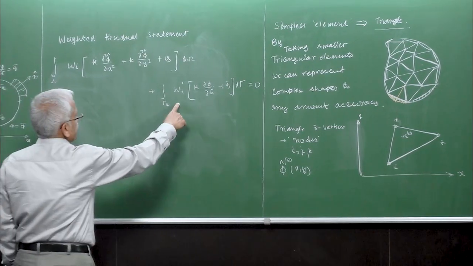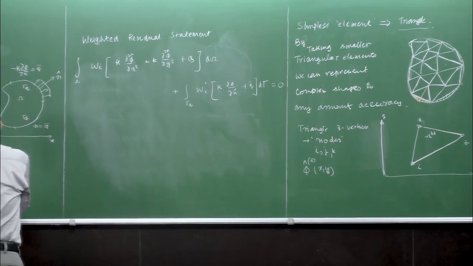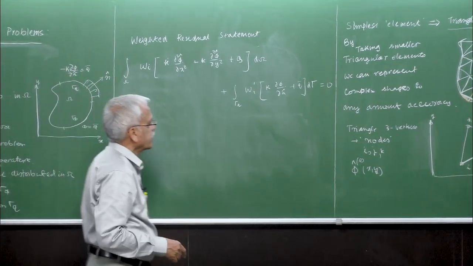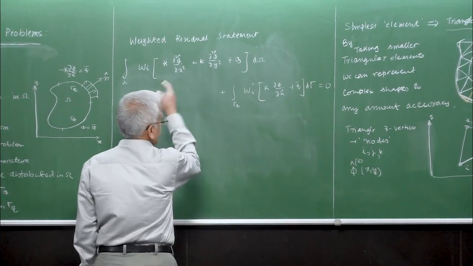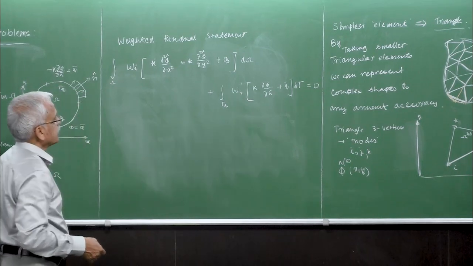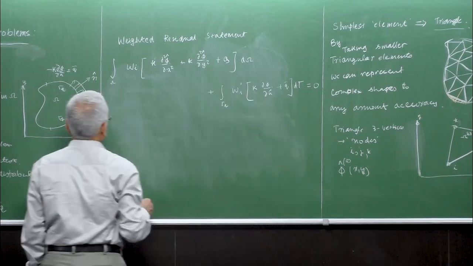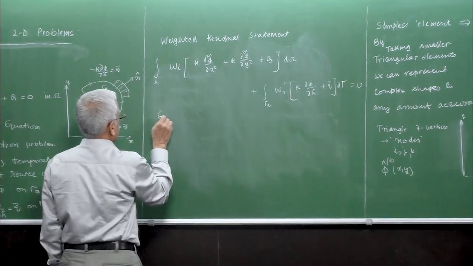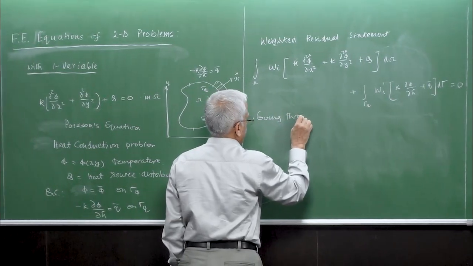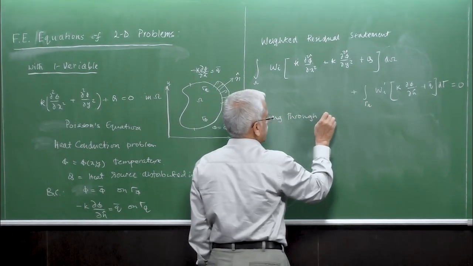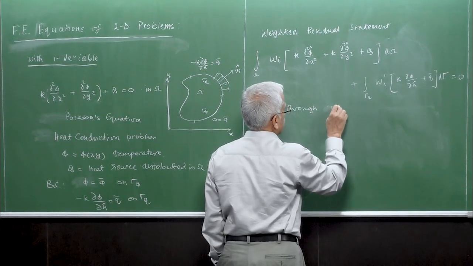So this is the residual due to the boundary condition on heat flux, gamma Q. And now we went through the whole steps, where we take this term into consideration, going through integration by parts and so on.